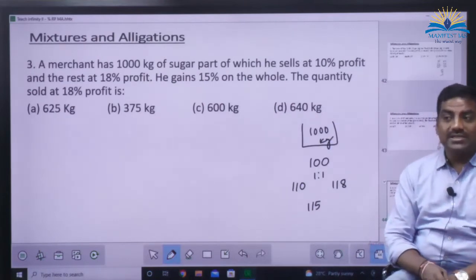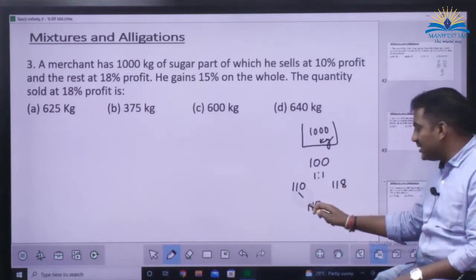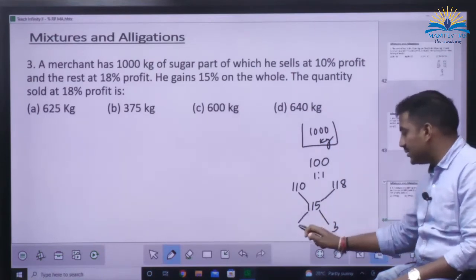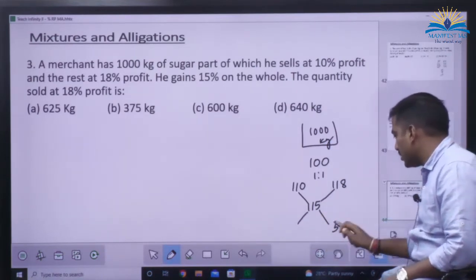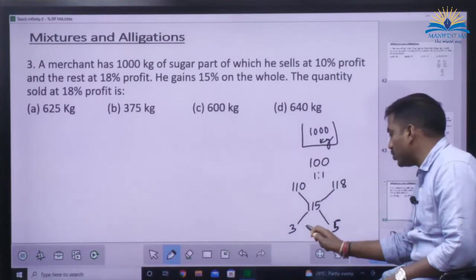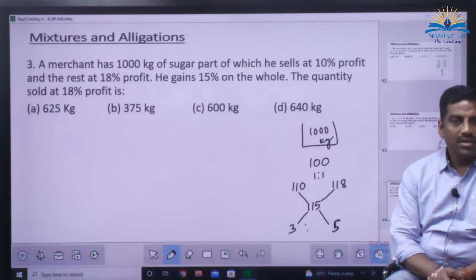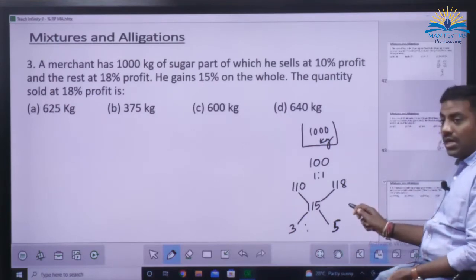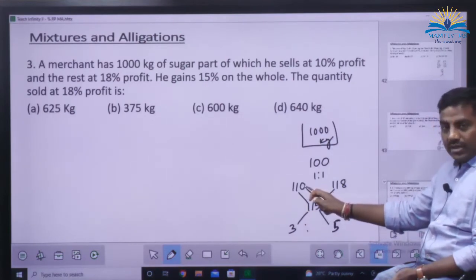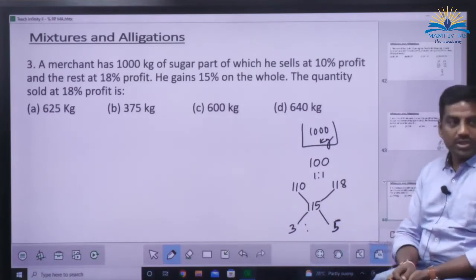So which sugar has he sold more? Take the difference. It is 3. Take the difference. It is, sorry, this is 5 and this is 3. 3:5. What does that mean? If he had sold 3 kgs of 10% profit sugar, he has sold 5 kgs of 18% sugar.